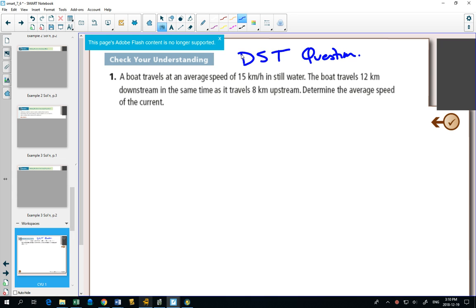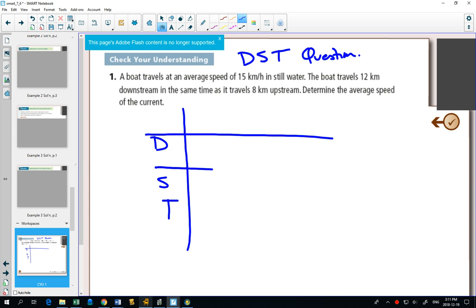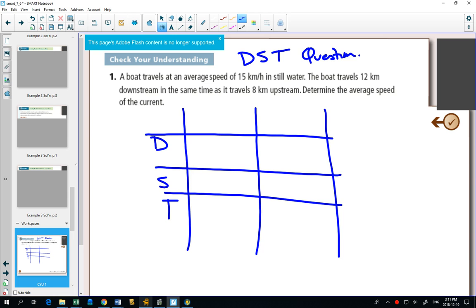And just like the previous question that we just did, we're going to solve this one in a similar way. So we have to set up our chart: distance, speed, and time. And what are the two situations we have?